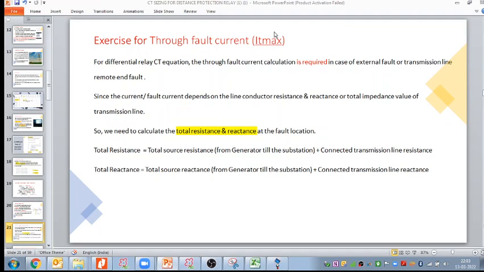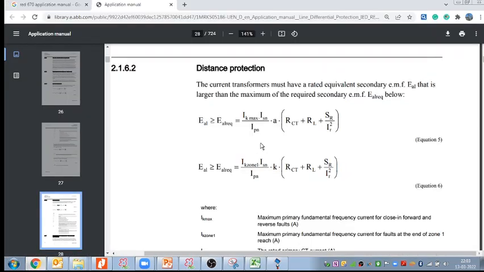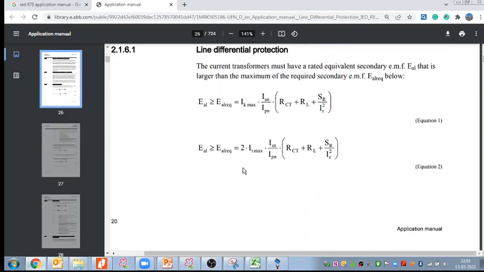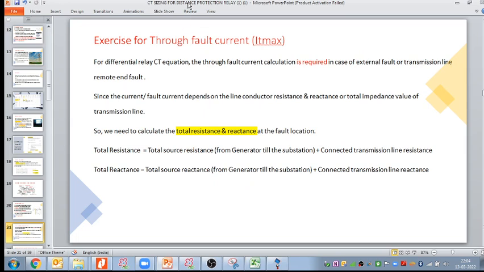Basically this IT max I'm going to put here, but before putting the IT max here, let us develop an overall understanding about the IT max, then perform the calculations, and then I will put it here, and then we will perform the final calculation. So coming back and understanding this, yes, there will be voltage drop, sure.